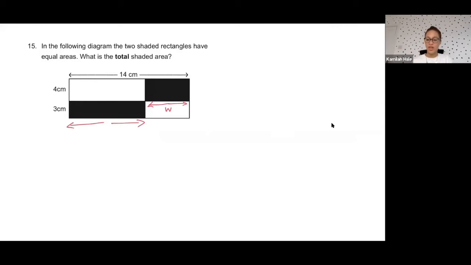Yeah, good. So that would just be 14 minus W. That's how we'd figure it out. So if I wanted to find the area of this, and the length is 14 minus W, how would I find the area of just this black rectangle?